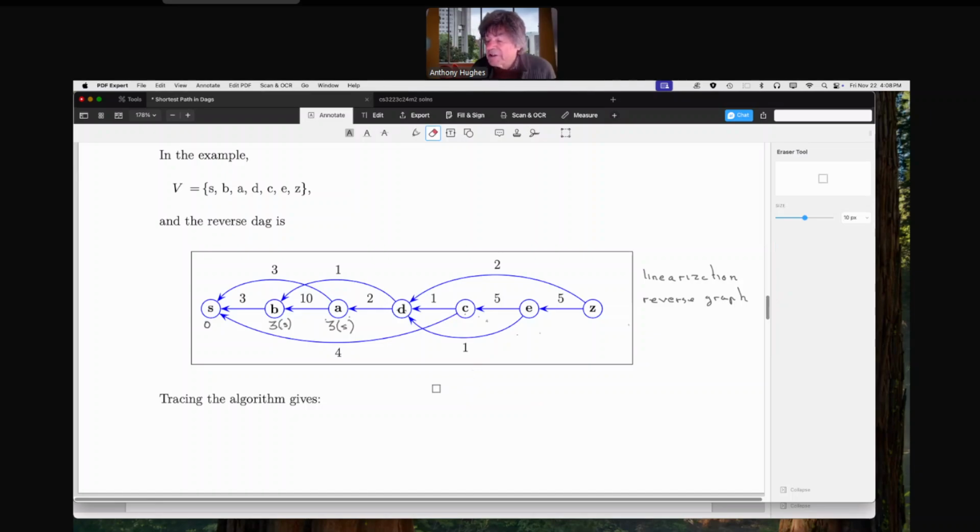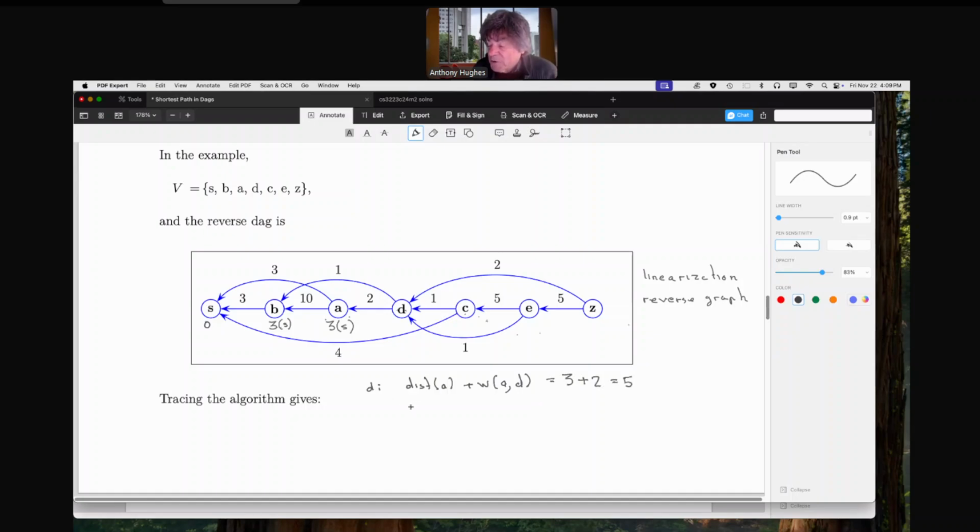And we can look at the next node, which is D. So we go from left to right. We got D, and D has 2 choices. We've got the distance to A plus the weight of A to D. So we can go to A and then the weight from A to D. The weight to A is 3 plus 2 equaling 5.